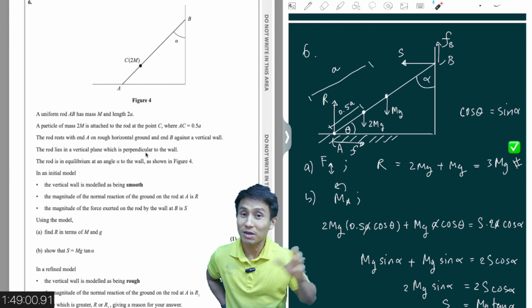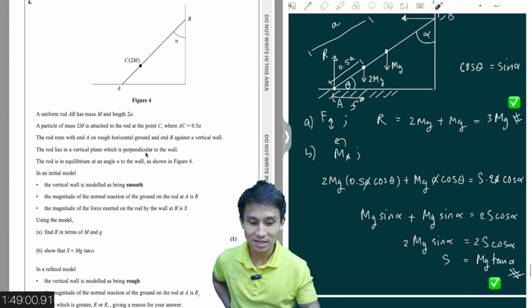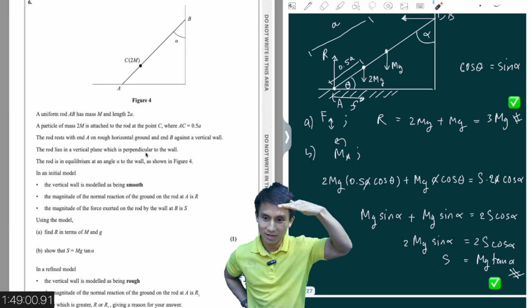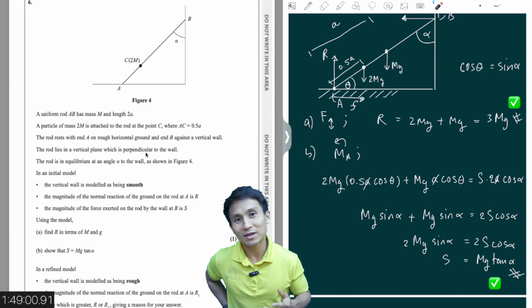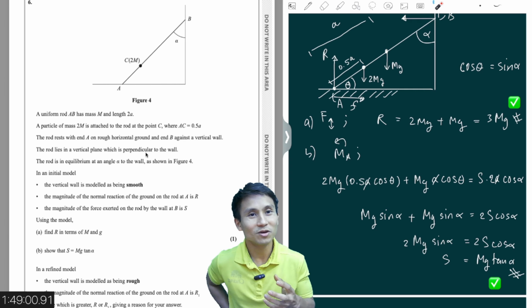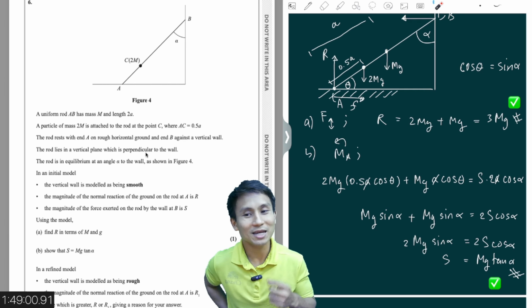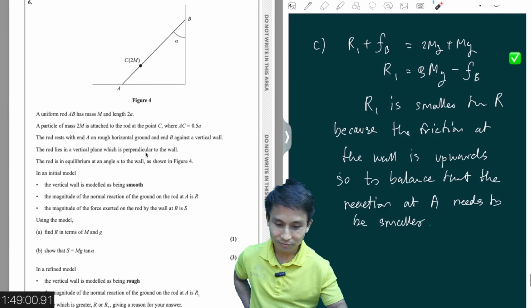In B, it's moments, to find the force S there, because we don't know the friction yet. So we better get rid of friction somehow. Mathematically, you take that as the pivot, or the point you find the moments about in B here.